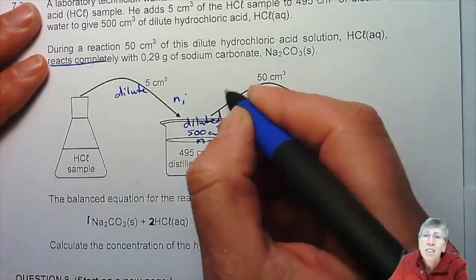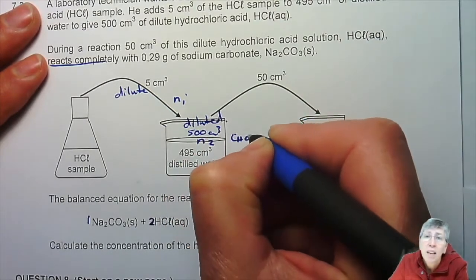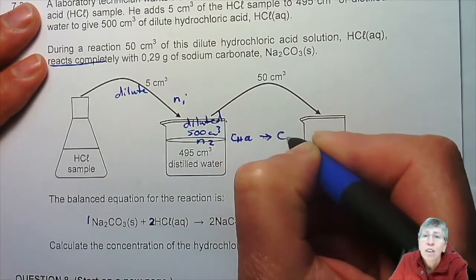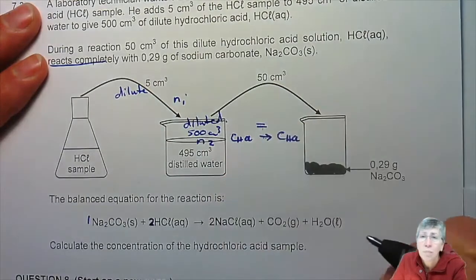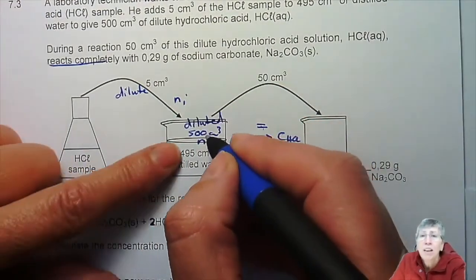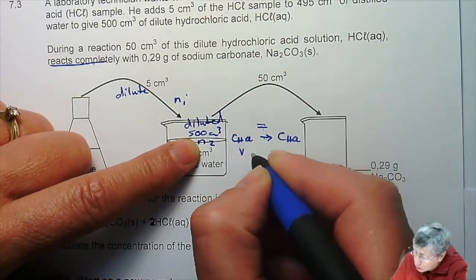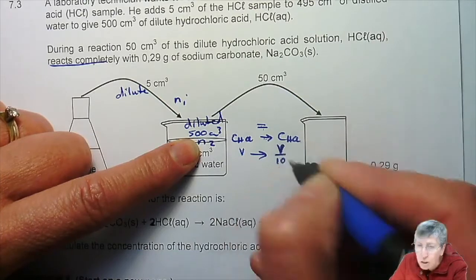Now, first off, let's think about the concentration. The concentration in this beaker is actually the concentration of the HCl that we put in there. They are equal, right? But what happened when I take from the 500, I only take 50. So the volume, I only take 1/10 of that total volume.